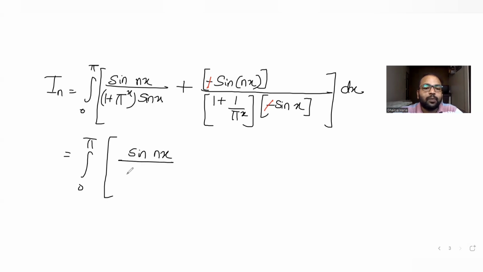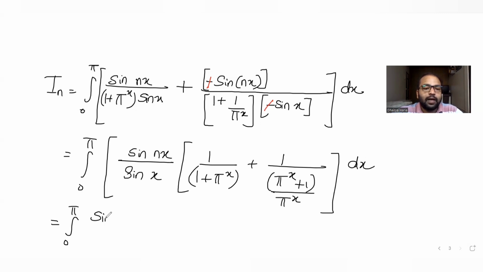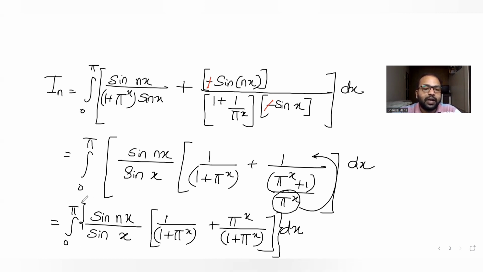If I take sin nx upon sin x common, what is left is 1 upon 1 plus pi raised to x plus 1 upon pi raised to minus x upon 1 plus... which, since pi raised to x in the denominator of the denominator goes directly to the numerator, gives pi raised to x upon 1 plus pi raised to x. So now you have this entire expression.